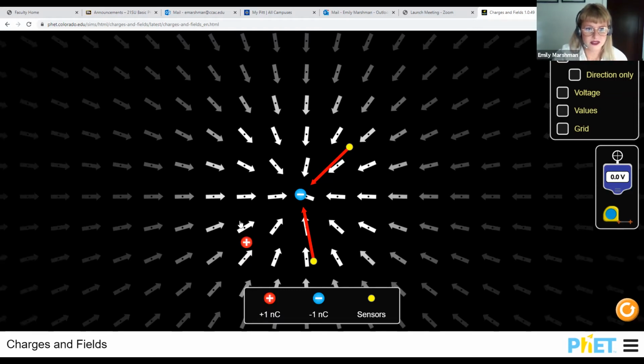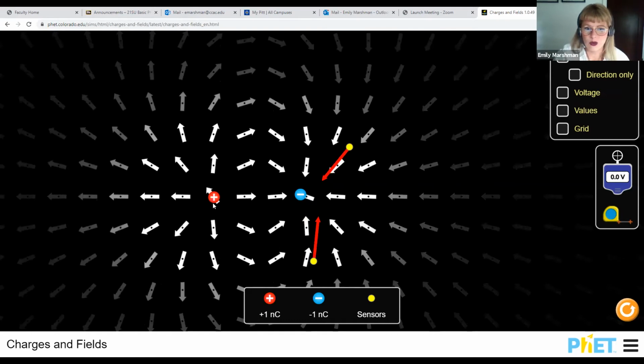What if I put both in here? Make a prediction what it's going to look like if I put both a positive charge and a negative charge. This is what we call a dipole. Di meaning two. I have two poles, so I have a positive side and a negative side. The electric field points away from a positive charge and towards the negative charge. So if I put this sensor right in the middle, if this is a positive charge, it's going to be repelled from this one and attracted towards the negative one.